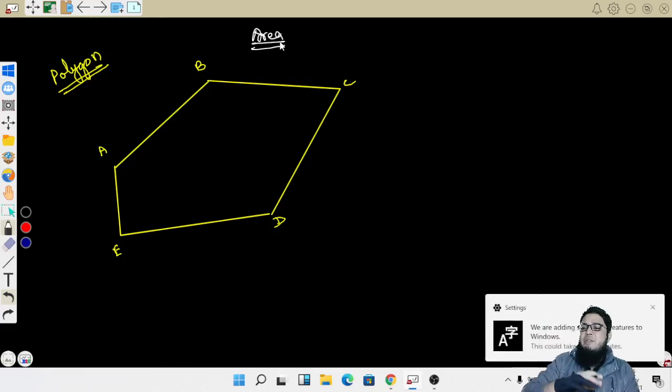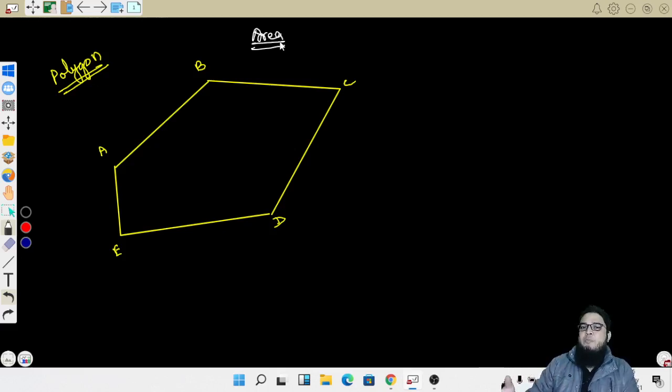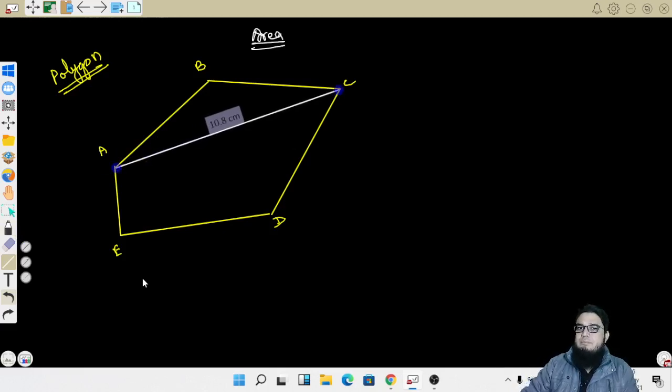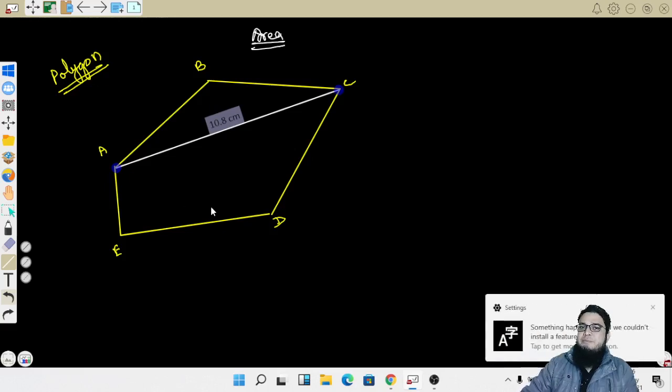We divide this polygon into smaller, easier forms. For example, if I connect this, what do I get now? I get a triangle and a quadrilateral.